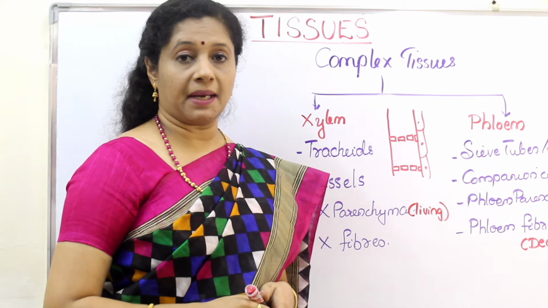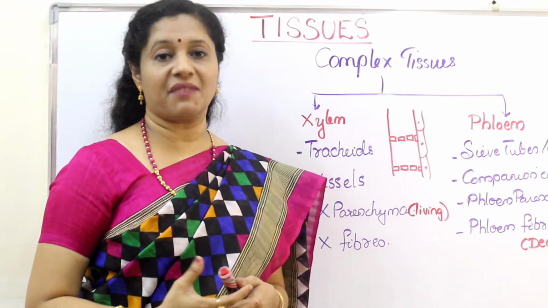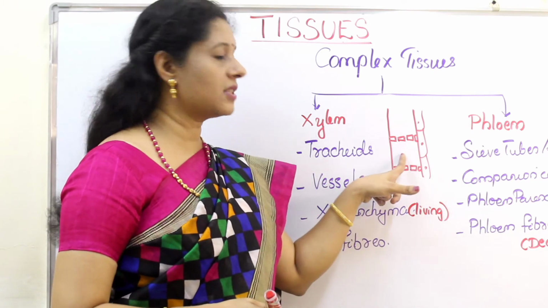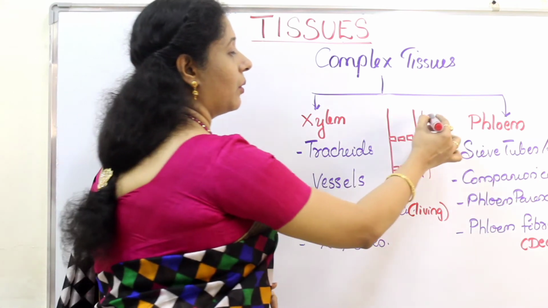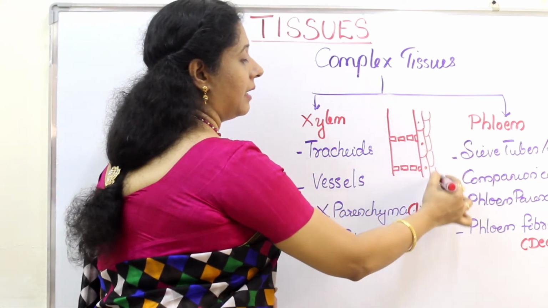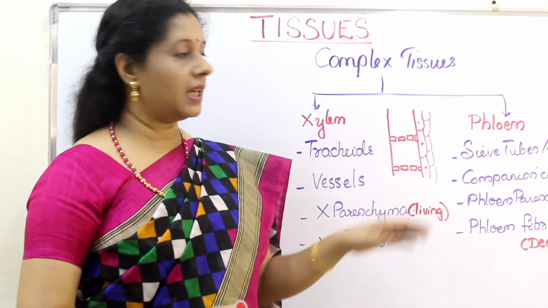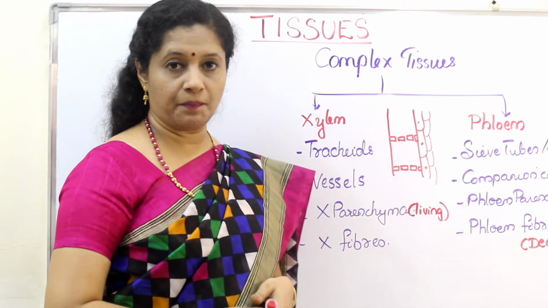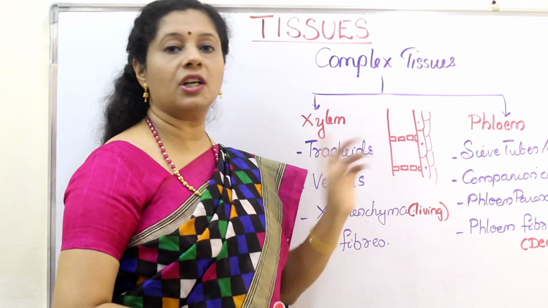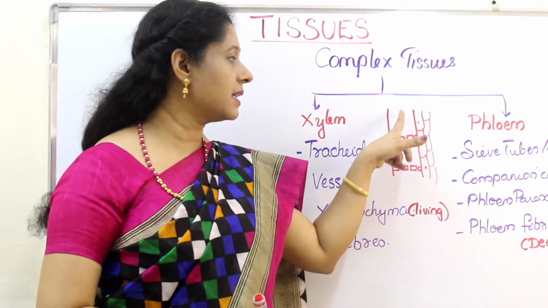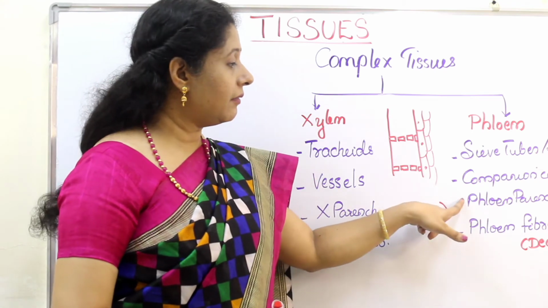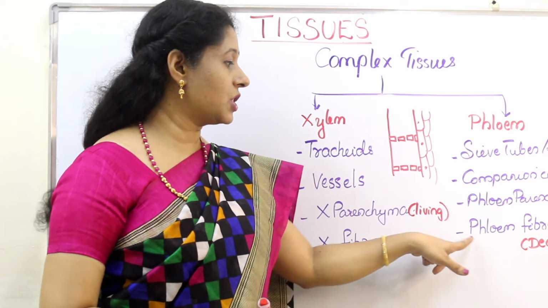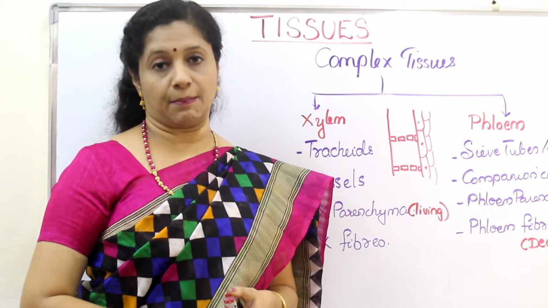Companion means friend, right? So this companion cell is always near the sieve tube. Then we come to phloem parenchyma and phloem fibers. Mainly conduction is through the sieve tube. Companion cells control the activities of sieve tubes because sieve tubes lack a nucleus. Phloem parenchyma is for storage and phloem fiber is for support.